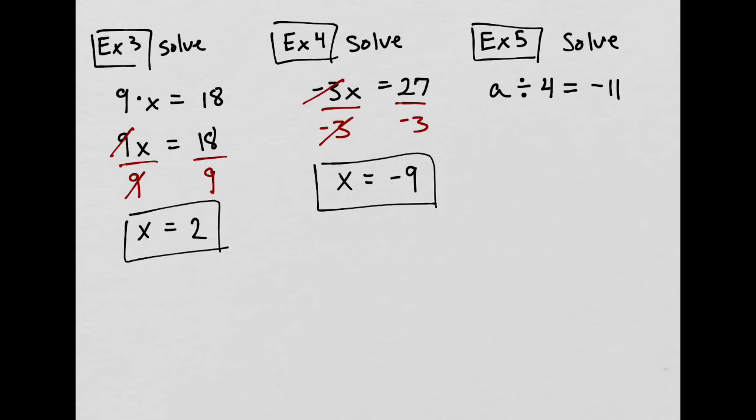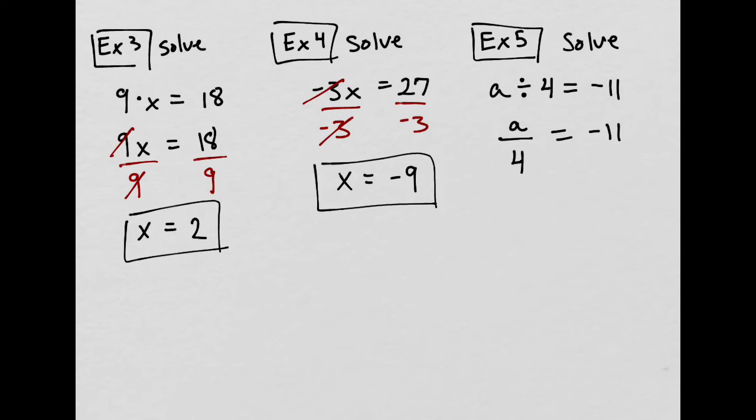So there we go. This next one, it's written sideways, but this is the same thing as a divided by 4 equals -11. And now I have division, so a divided by 4. If I want to get the variable all by itself, I have to do the opposite operation.